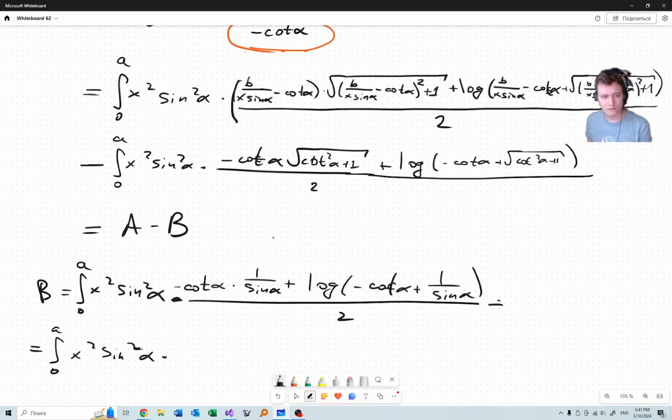Okay, here we have minus cosine alpha over sine squared alpha. Here it is interesting because we have 1 over sine alpha minus cotangent of alpha, and cotangent is cosine over sine.